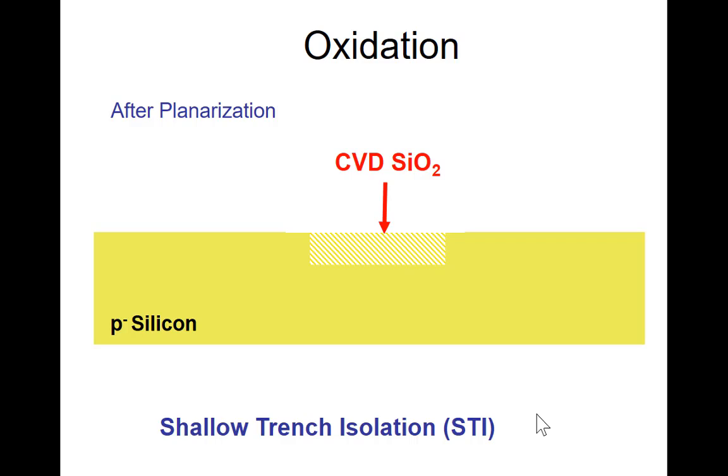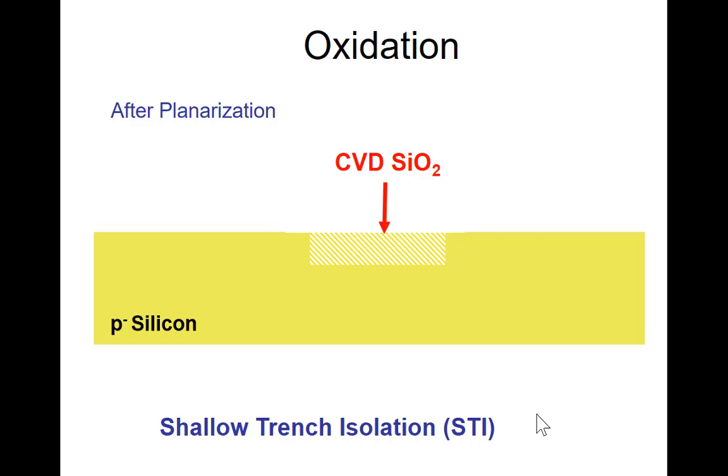Any other questions? Yes, sir. Why don't you get the lateral movement of the oxide like you did in the previous example? For the shallow trench, you first cut a trench into it using etching.